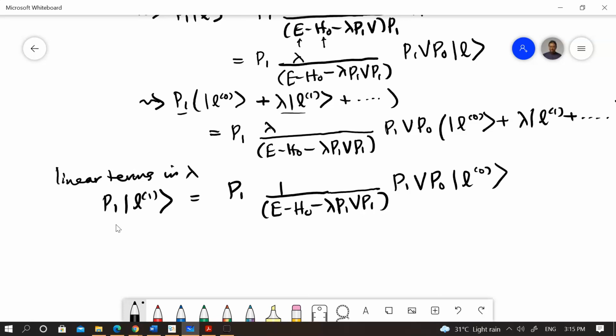Now I can remove this P1 because I already have P1 over here, and also for this part there's already P1 inside these terms, so that guarantees it is always inside the space.